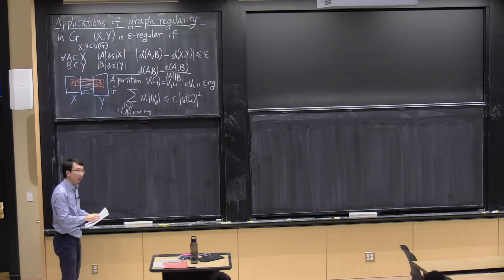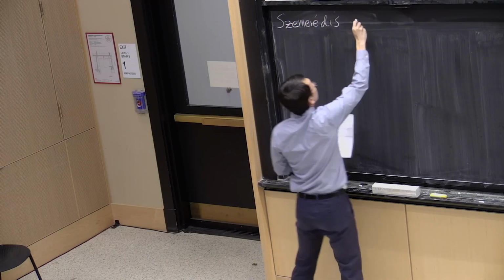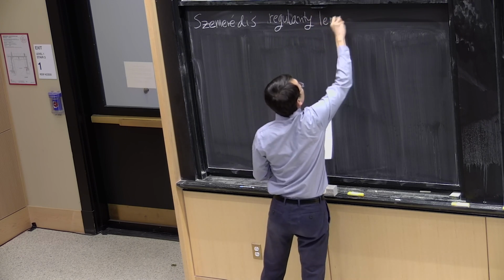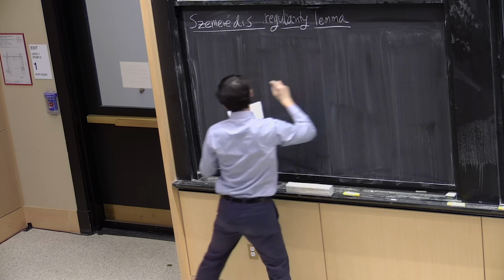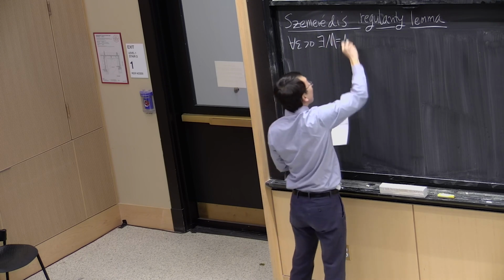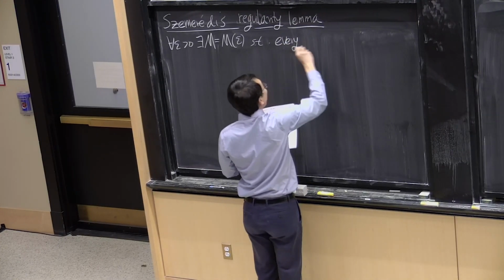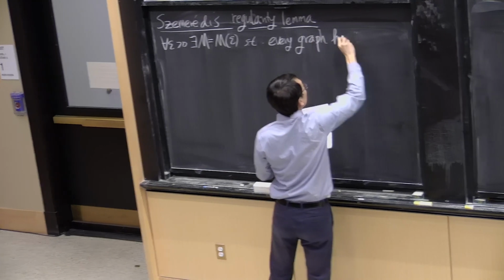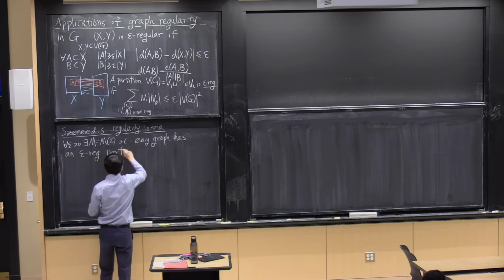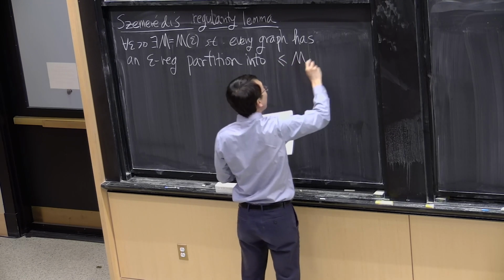And the main theorem from last time was Szemerédi's regularity lemma. The statement is that for every epsilon, there exists some M. So M depends only on epsilon and not on the graph that we're about to see, such that every graph has an epsilon regular partition into at most M parts.